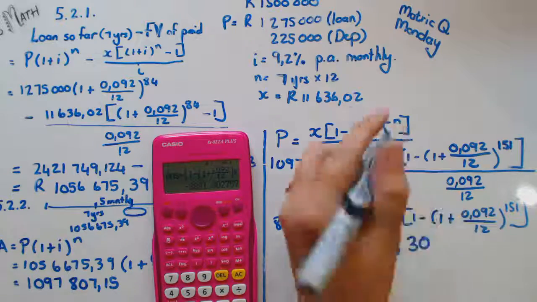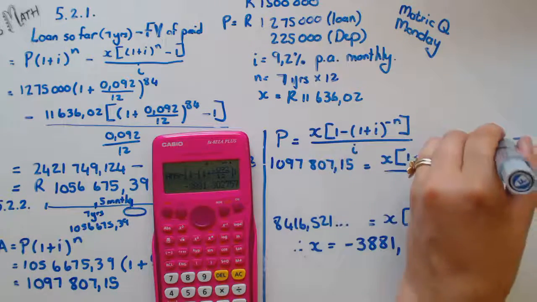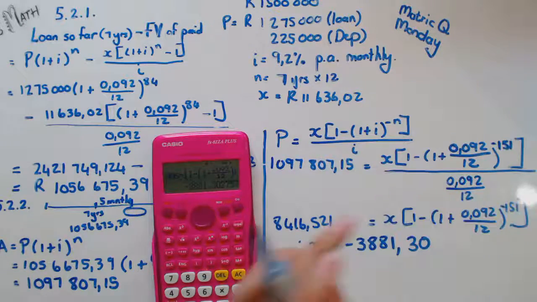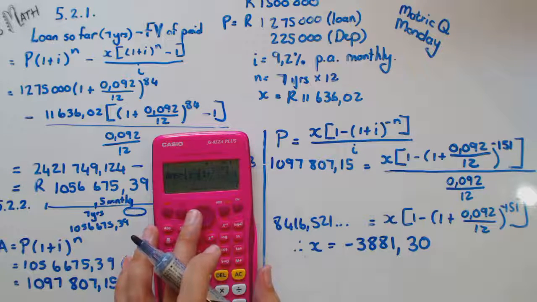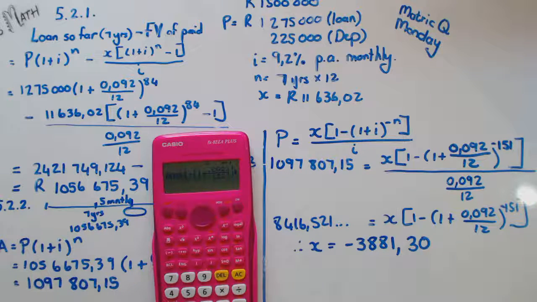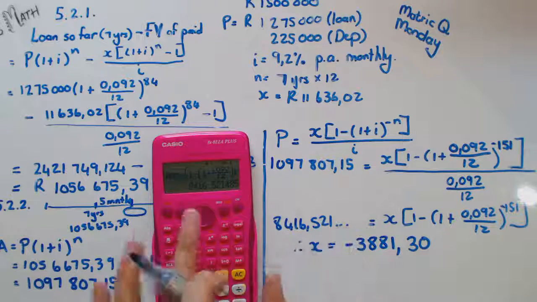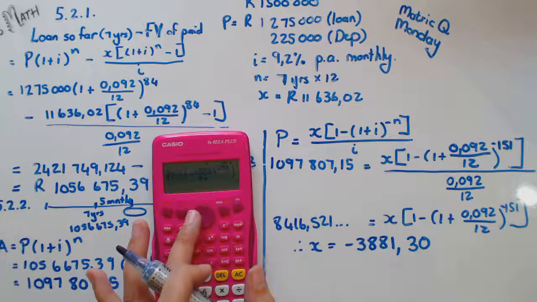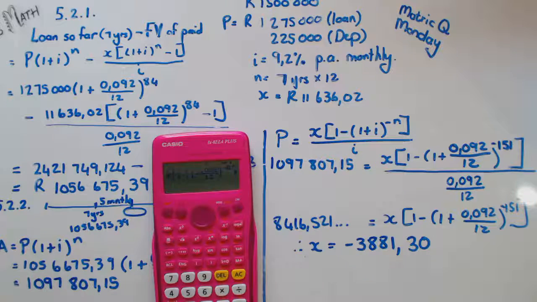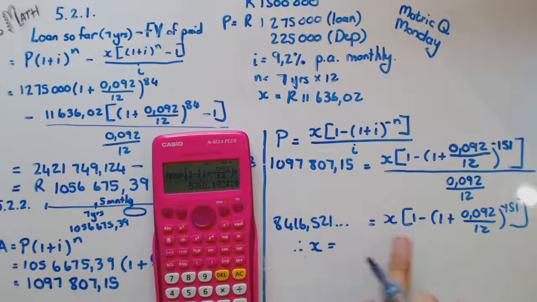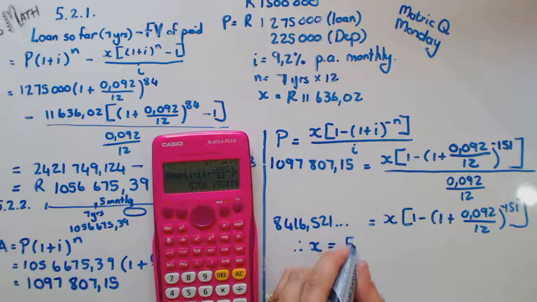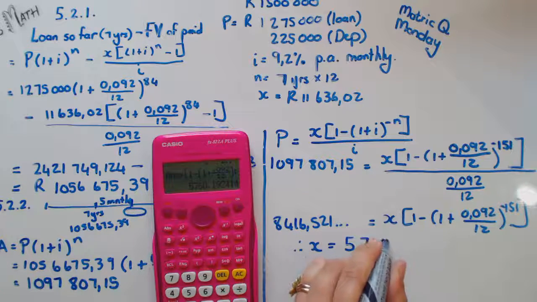Oh, I had the formula. There's my mistake. Okay, there's a negative, so there should be a negative. Let's just multiply with this whole thing to just get the previous answer back. So there's my mistake. Multiply with that. Then I'm back at the 8416.52. And I must just put a negative there in front of the 151. Okay, that's better.